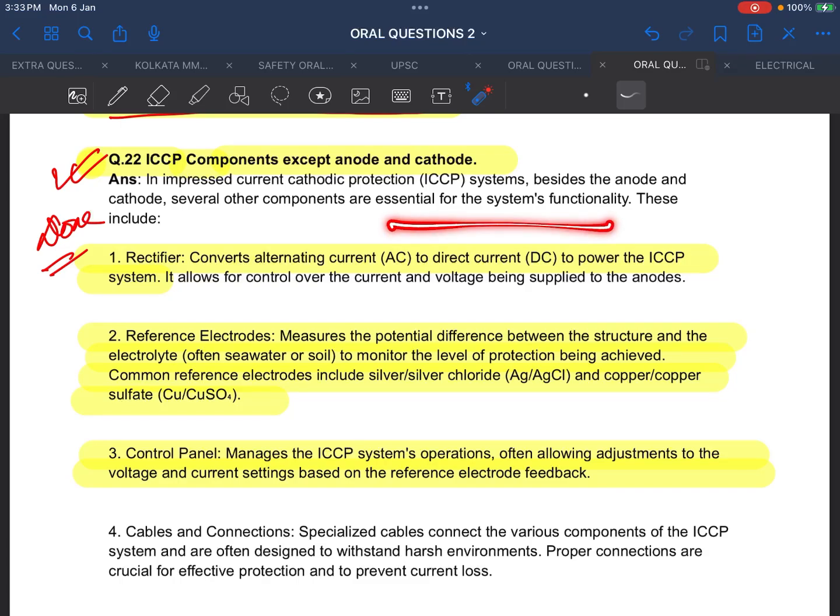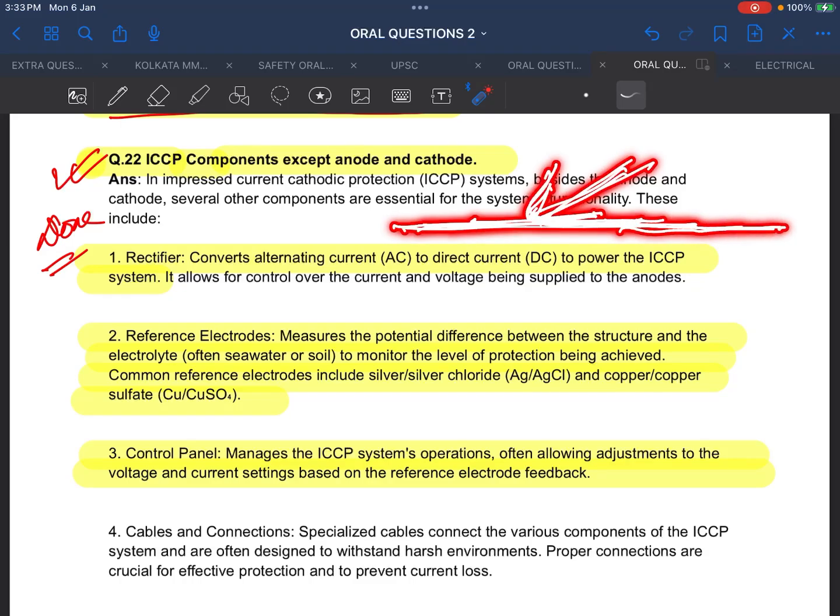Let's suppose the ship hull is the more active metal. If you do not protect it, the hull will corrode, because it will lose electrons day by day. It will act as an anode in the galvanic cell, and the metal will corrode and decompose very fast, and after that the ship will sink.